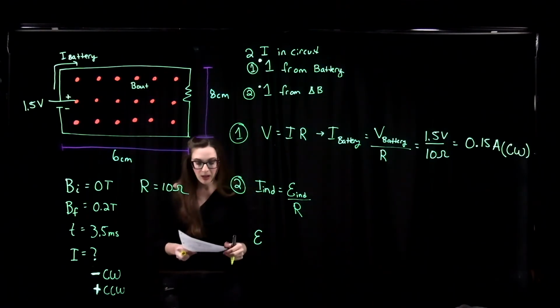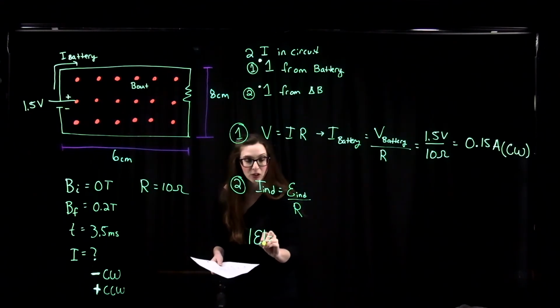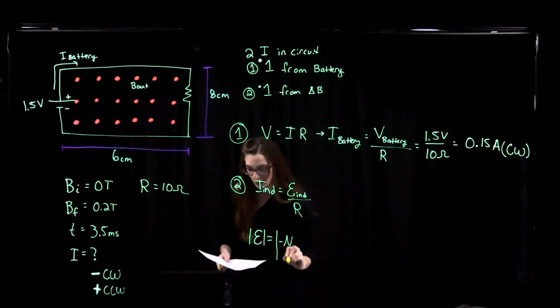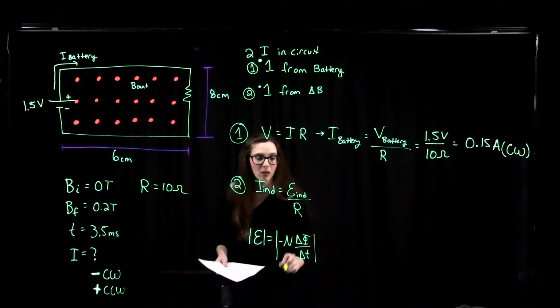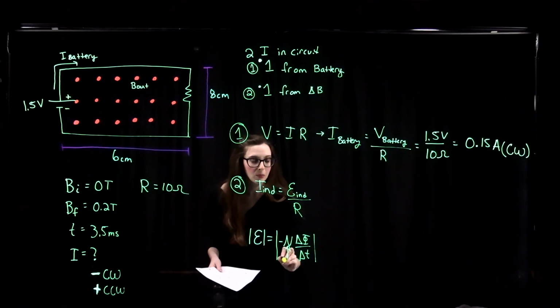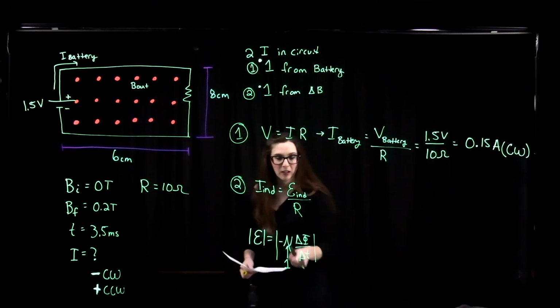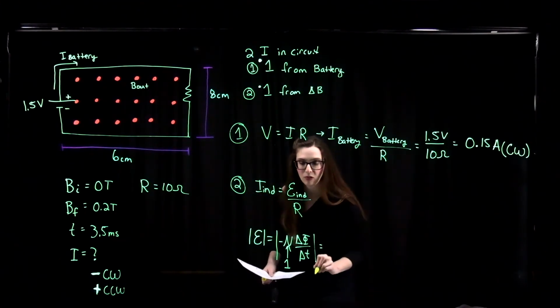That induced EMF is going to equal, we'll just think about the magnitude, minus N, the number of turns of our loop, times the change in flux over the change in time. There's only one turn of our loop here. We're not coiling around itself.